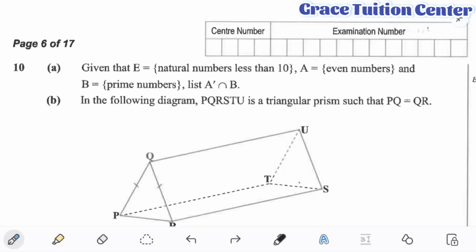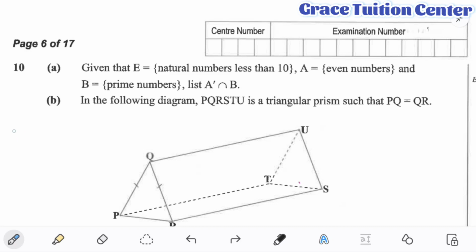Question 10a says, given that set E is a set of natural numbers less than 10, set A equals the even numbers in set E, and set B is equal to the prime numbers in set E. Can you list set A complement intersection B? So what we do here is we need to know set A complement and set B first. That is our target. But let's decode these sets here.